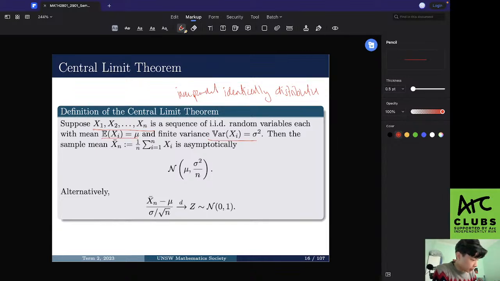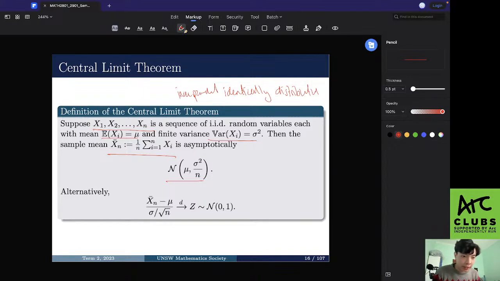We can say that the sample mean asymptotically approaches a normal distribution. So what that basically says is, when we have a large number of random variables, their mean or their sum is going to be normally distributed.